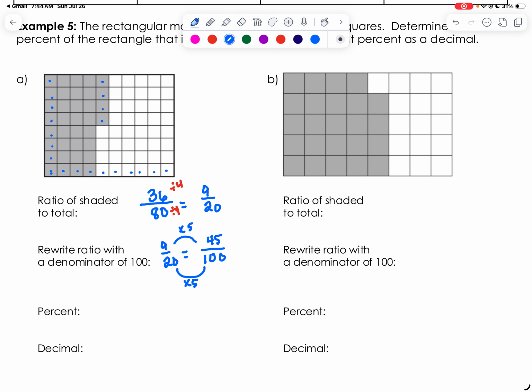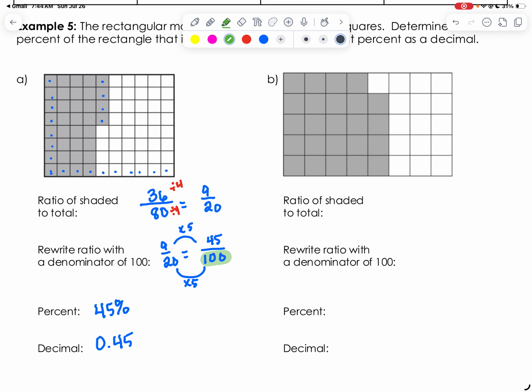All right, now that we have a denominator of 100, now we can easily tell that the percentage is 45% and the decimal is 0.45.